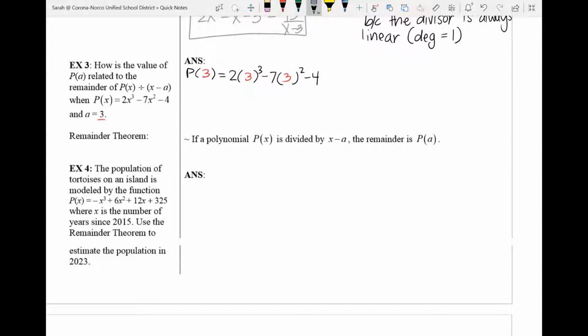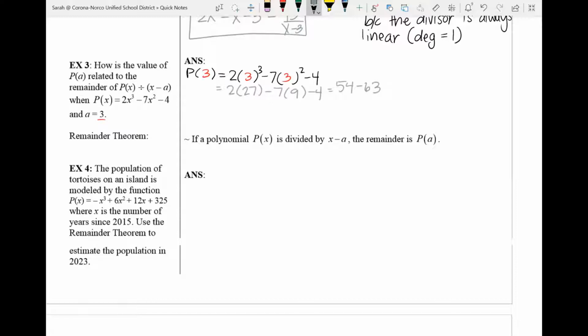So if we do that, 2 times 3 cubed is 2 times 27, minus 7 times 3 squared is 9, minus 4. So this is giving us 2 times 27 is 54. 7 times 9 is 63.